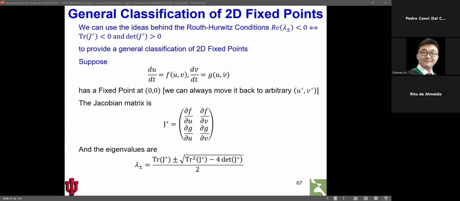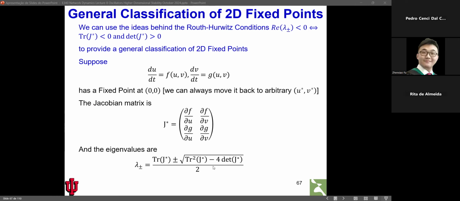This thing has a fixed point at 0, 0. You can always move it back to arbitrary u star, v star. Okay, don't worry, we just put the fixed point at 0. The Jacobian matrix is just like this.